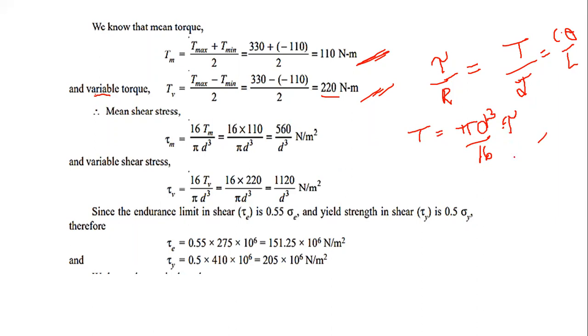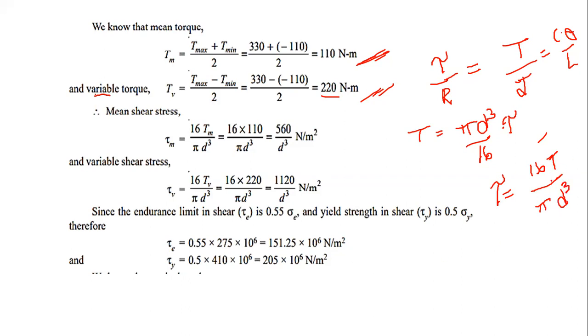Torque for solid shaft. By using this formula, you have to find the value of shear stress. Tau equal to 16 by, cross multiplication, shear stress tau equal to 16 T by pi d cube.